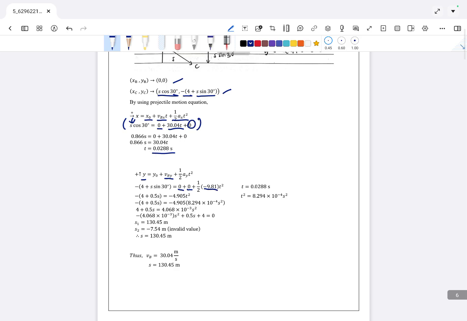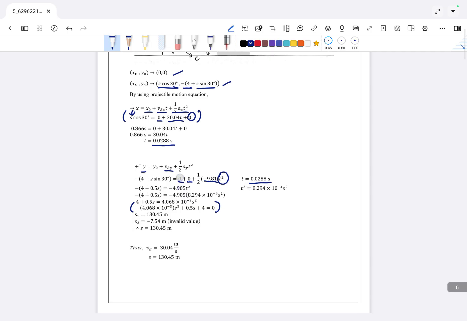After we write down this formula, we also substitute the value of t from the previous equation, so t equals 0.0288s.